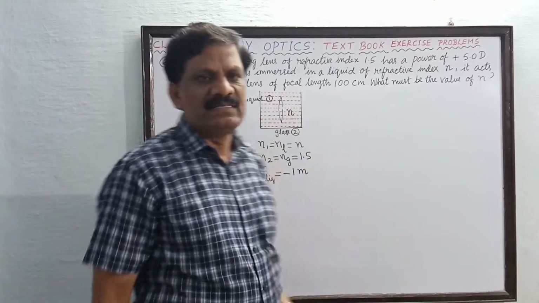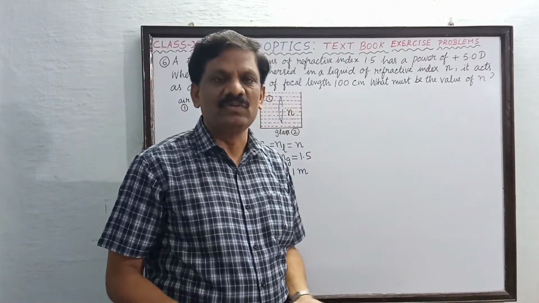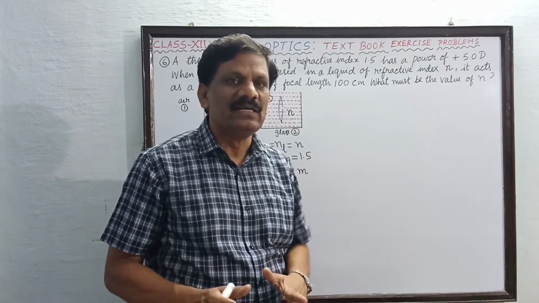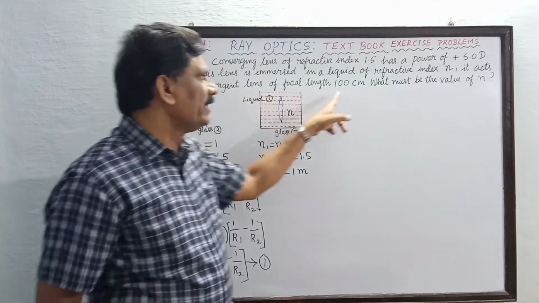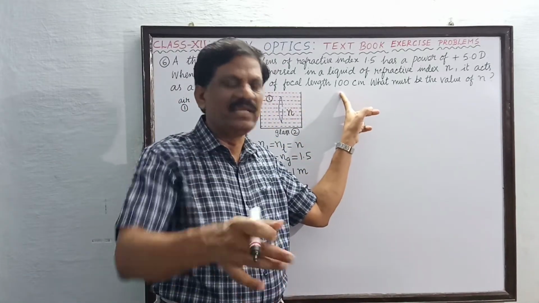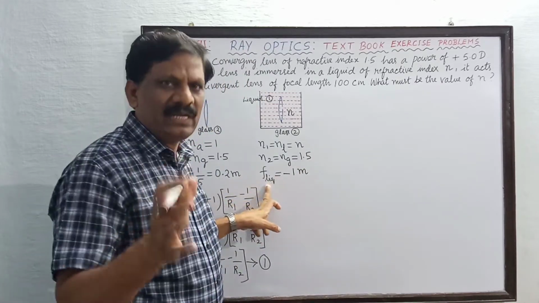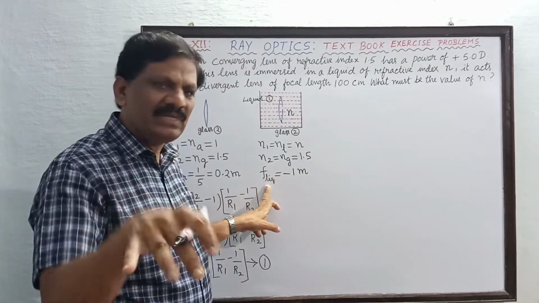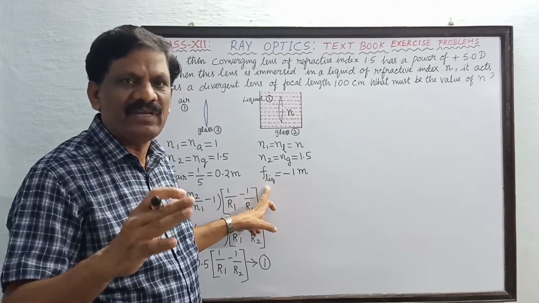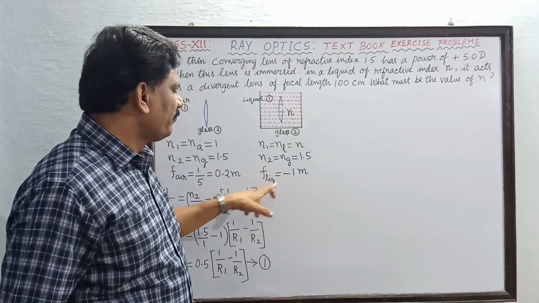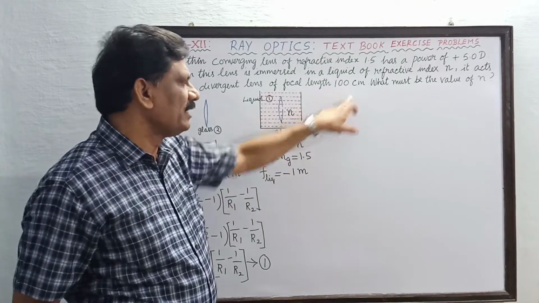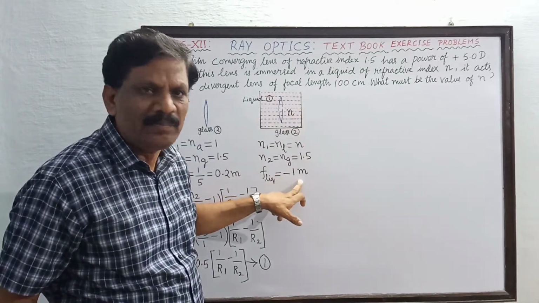It is given as 100 centimeter, but actually it is negative, so you should take care of this. Since it is a divergent lens, its focal length inside the liquid is taken as F liquid. So F liquid is equal to minus 100 centimeter or minus 1 meter.